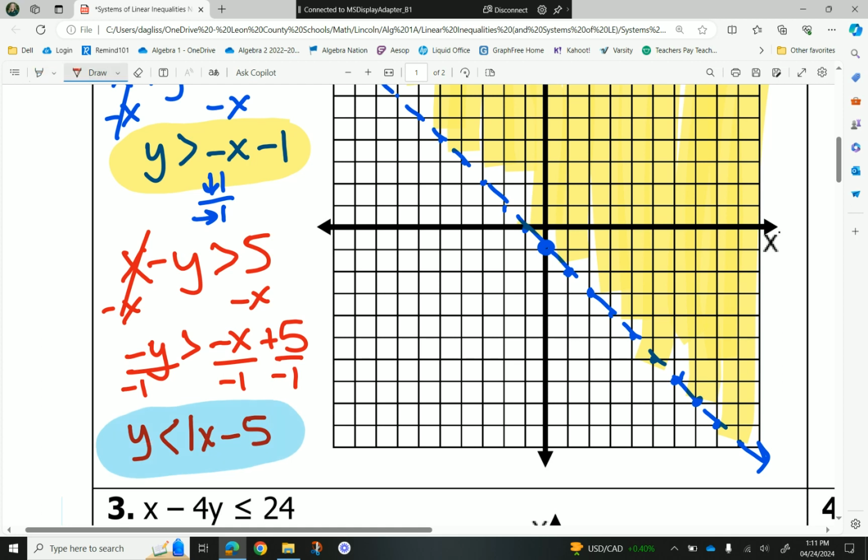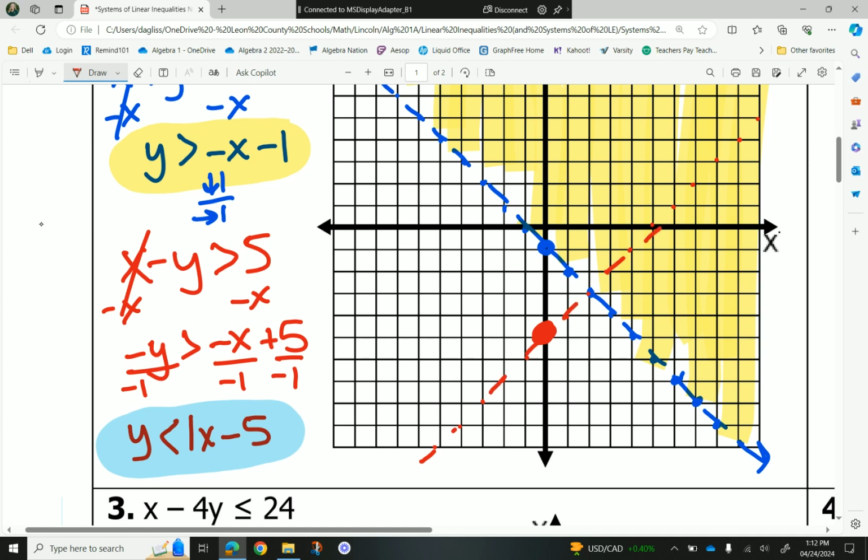So now let's graph this one. Where does this line start? At where? Negative 5. Good. 1, 2, 3, 4, 5. Remember, always make that one a little bit bigger because we know we're going to use that to shade later. How are we going to move from here? Up and over 1. Okay. Are these being connected by a solid or dashed line?